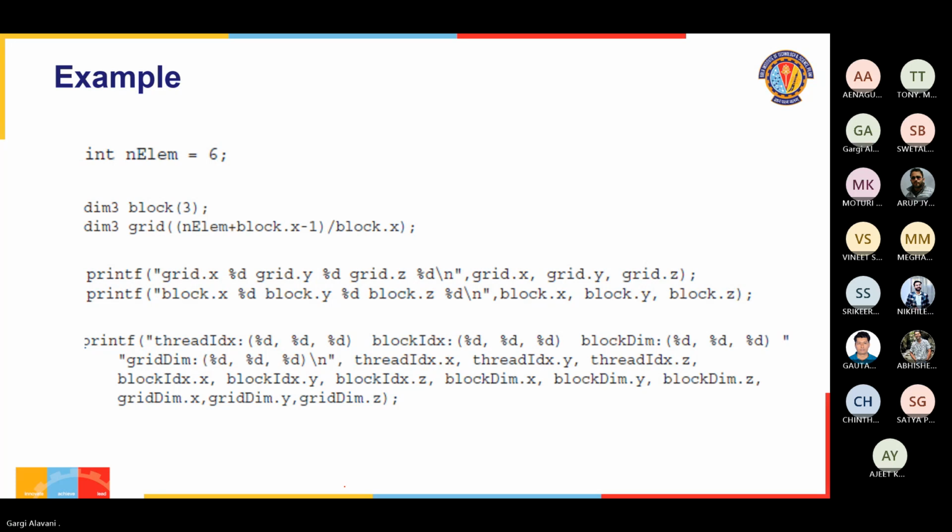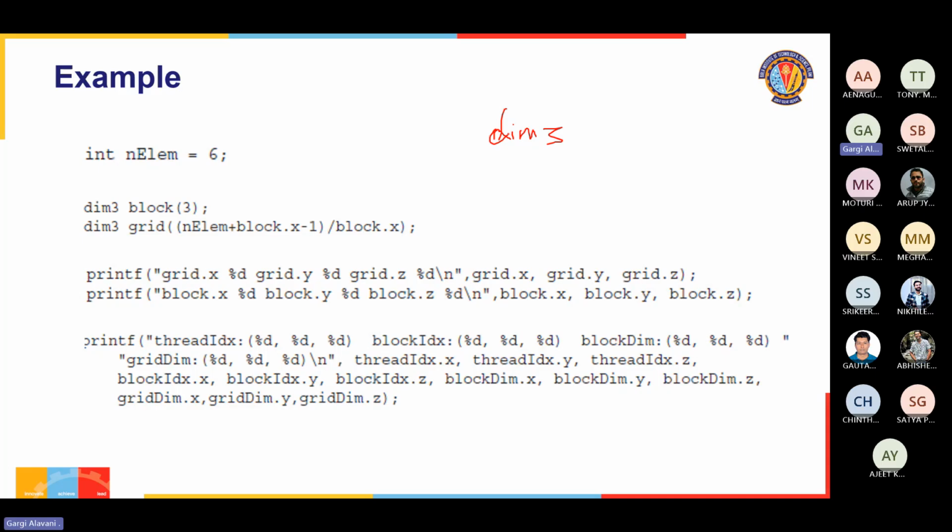Now, if we try to print the grid dimension, 3-dimensional grids and blocks are supported in CUDA, using dim3. So you can have 3-dimensional blocks and 3-dimensional grids. You need this, for example, if you're doing matrix computation, where you might need a 2-dimensional block and a 2-dimensional grid.